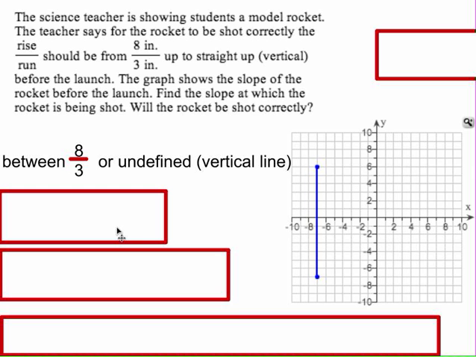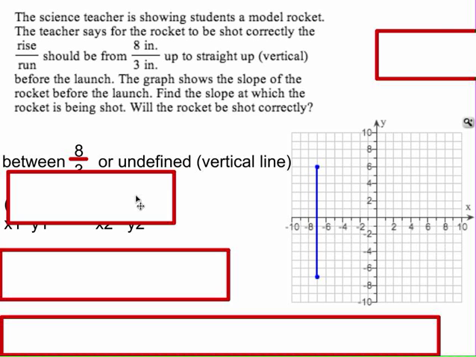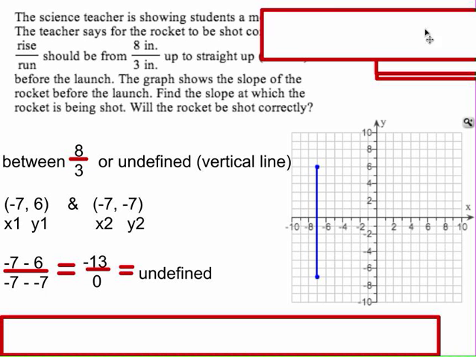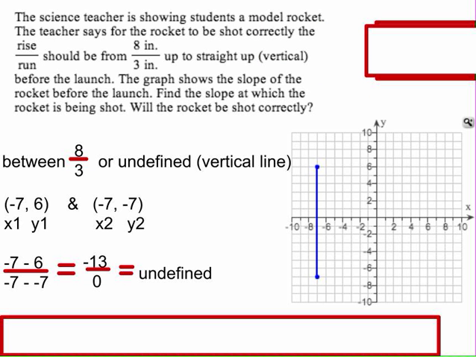Okay, we take our 2 points from the graph, negative 7, 6, and negative 7, negative 7. We plug them into the slope formula. So we have negative 7 minus 6 over negative 7 minus a negative 7. That will give us a negative 13 over 0.